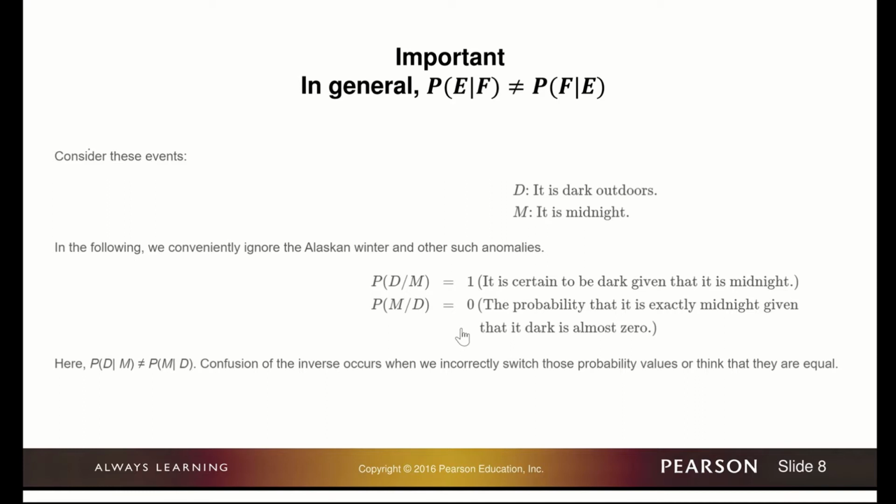And this is what confuses people. They think, well, look, the period of time that it's dark is only a finite number of hours, so why would you say the fact that you pick midnight is going to be such a rare thing that you say the probability is 0?